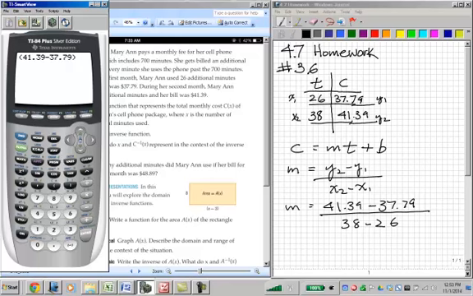Okay, so that's a quantity, okay, divided by open parenthesis, so here's the denominator, 38 minus 26, close parenthesis. Let's double check. 41.39 minus 37.79 over 38 minus 26. I hit enter. Okay, so, well, that's convenient. The M equals 0.3. Now, what does that mean? That I get charged 30 cents for each minute over the 700 minutes. Okay? That's what that means.